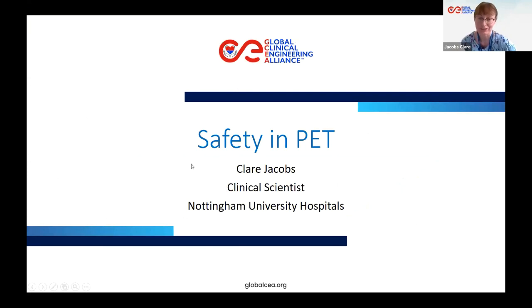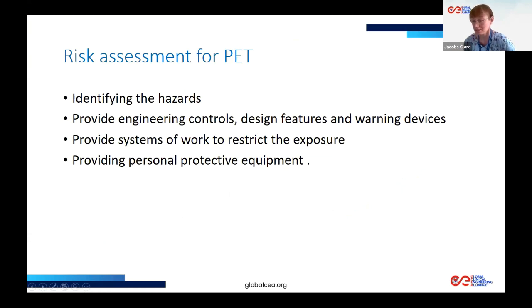Okay, so thank you very much for the introduction. I'm going to talk about safety in PET, in particular the radiation safety. First of all, a risk assessment is used to identify the hazards and engineering controls that we need in order to perform the work safely.